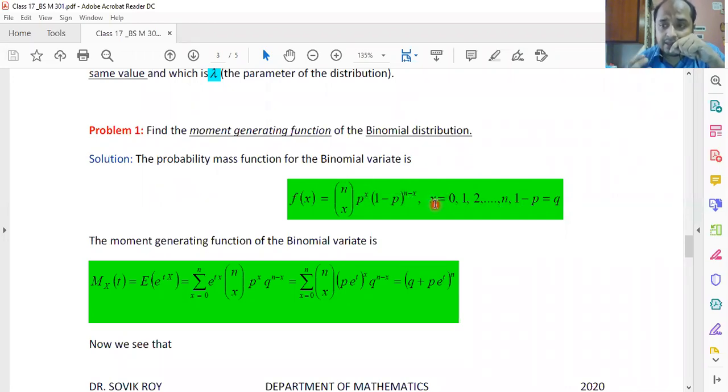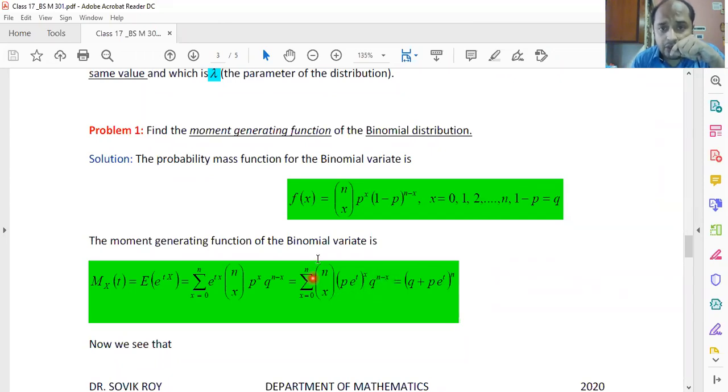The domain of the binomial variate is restricted. The domain of the Poisson variate was unrestricted. So I'm writing here x from 0, 1 up to n. When I'm replacing this, you see nCx remains the same. p into e to the power t can be raised to the power x. Just look at the calculation. And q can be written as q to the power n minus x.